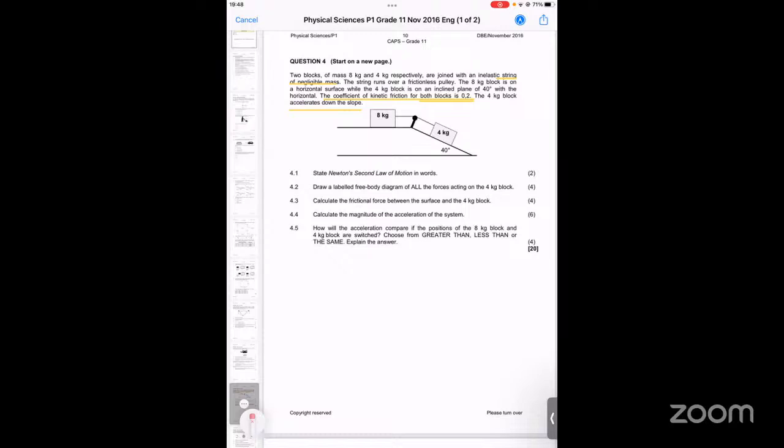we're going to use the frictional force that we just calculated, which is 6.01 newtons, and we're going to use the 4 for the mass, and then in the calculation, the frictional force.